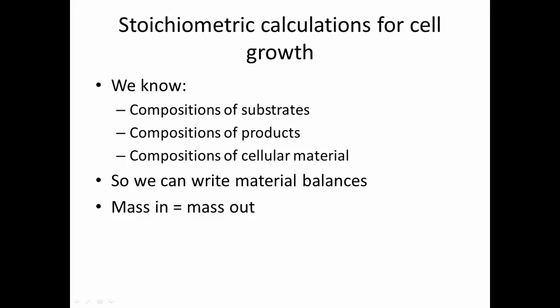Because of that, we can write material balances for cell growth and cell growth with production. And of course, as is the law of thermodynamics here, mass in is going to equal mass out.